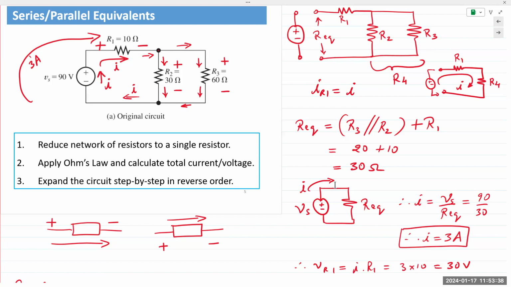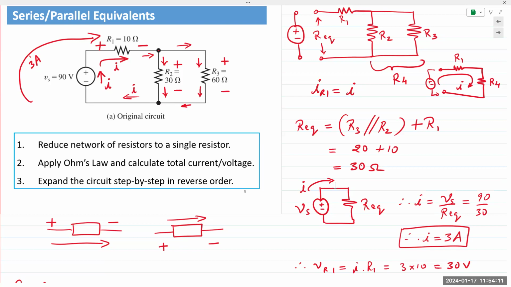So when I was talking about KVL, we have 90 volts, 30 volts, and then the rest of the voltage has to fall across this point right here. That's it. So the larger method is the series parallel analysis technique, but you can apply different techniques inside of it. Whether you use Ohm's law or KVL, you would still get full credit.